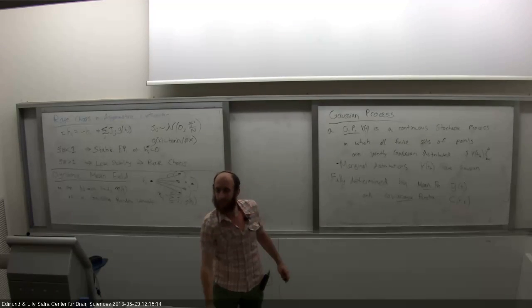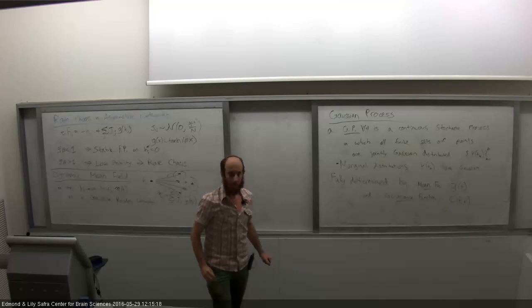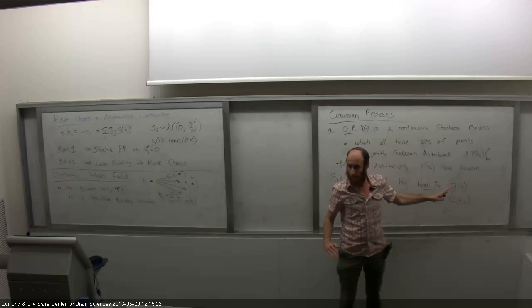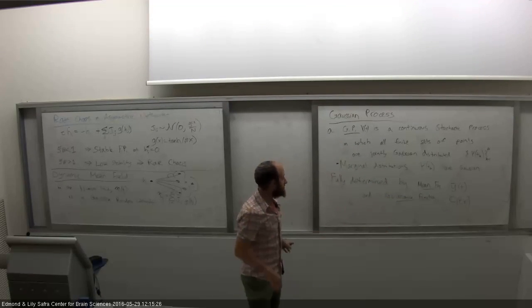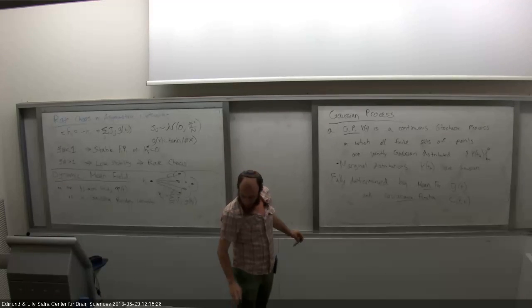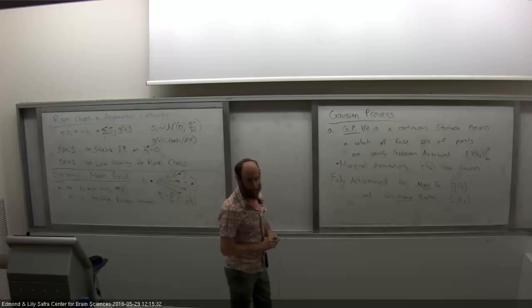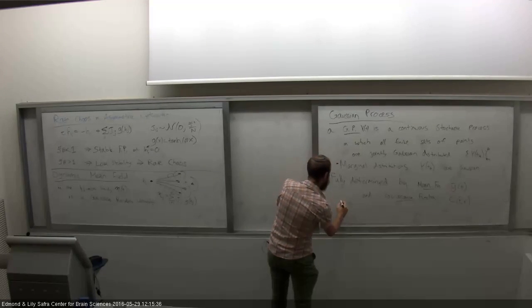Can you repeat what's the covariance function? How do you describe the process? Yeah. So the mean function is simple. It's just an arbitrary function of time that tells you the mean value of the function at that given point in time. And the covariance, we saw it in the first hour, but I'll write it again formally.